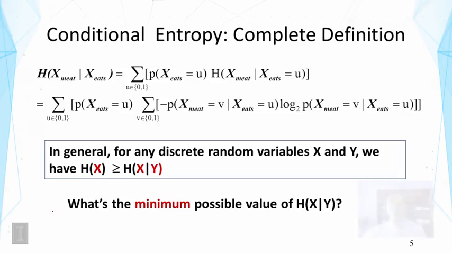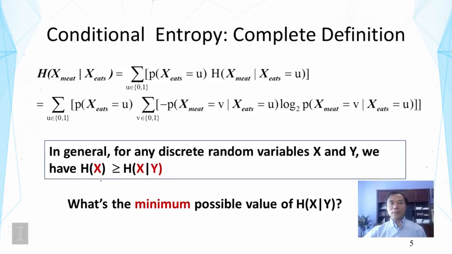So now putting different scenarios together, we have the complete definition of conditional entropy as follows. Basically, we're going to consider both scenarios of the value of eats, 0 or 1, and this gives us a probability that eats is equal to 0 or 1, basically whether eats is present or absent.